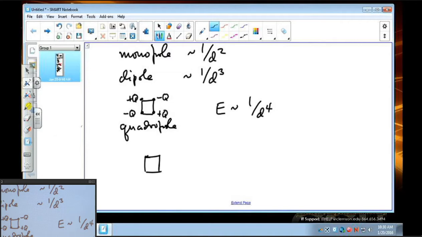In other words, a cube with a quadrupole plus, minus on the top, and then the opposite, minus, plus, minus, and then plus here. That's an octupole. The electric field strength will go like 1 over the 5th.